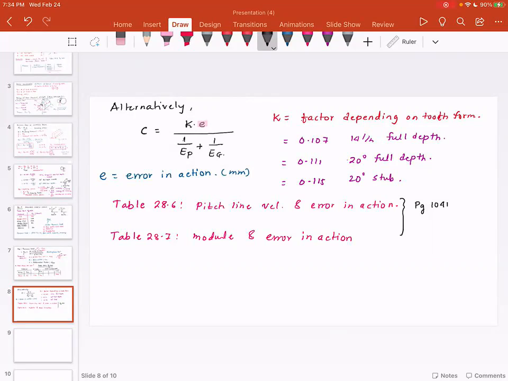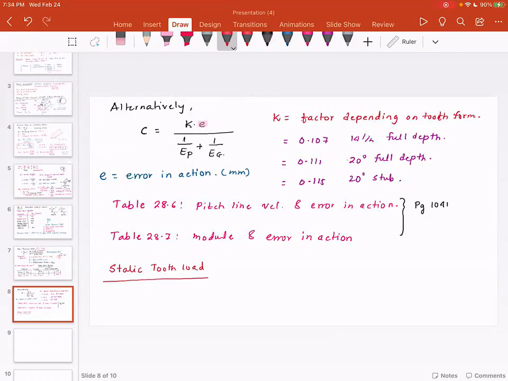The next important point that needs careful consideration is the static tooth load. Why is the static tooth load important?